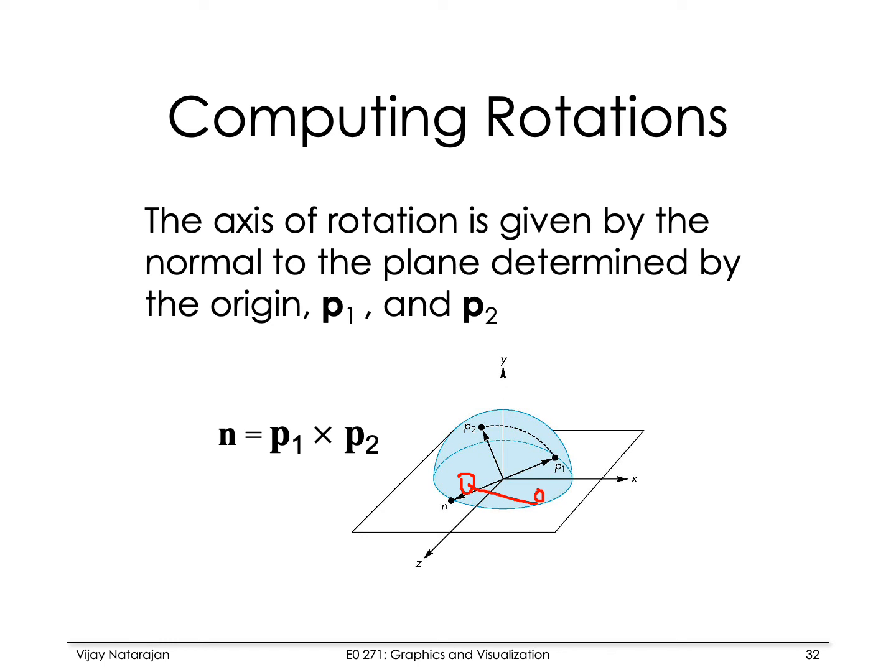So the angle between these two vectors is the angle that we want for the rotation. And what is the axis of rotation? The axis of rotation is essentially the cross product between P1 and P2. So we have the axis of rotation and we have the angle, so we can write down the rotation matrix. So this is how we specify rotations and form the corresponding matrix.